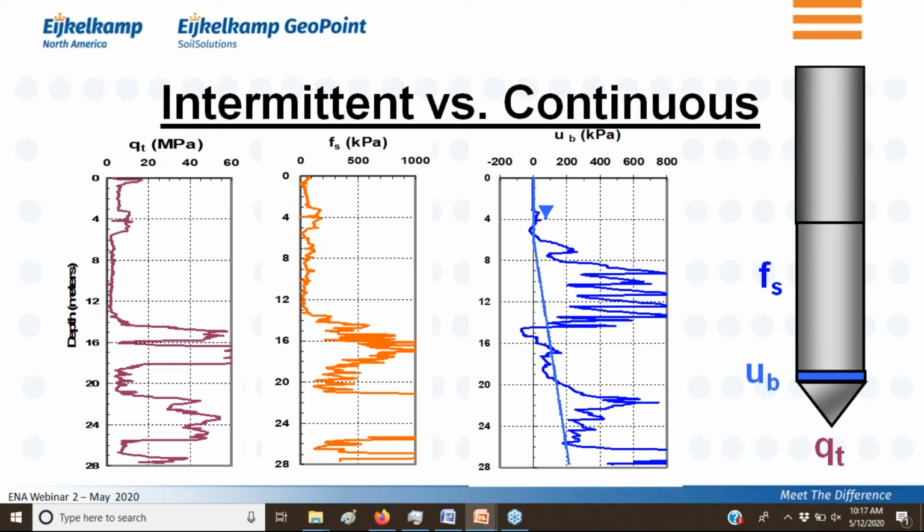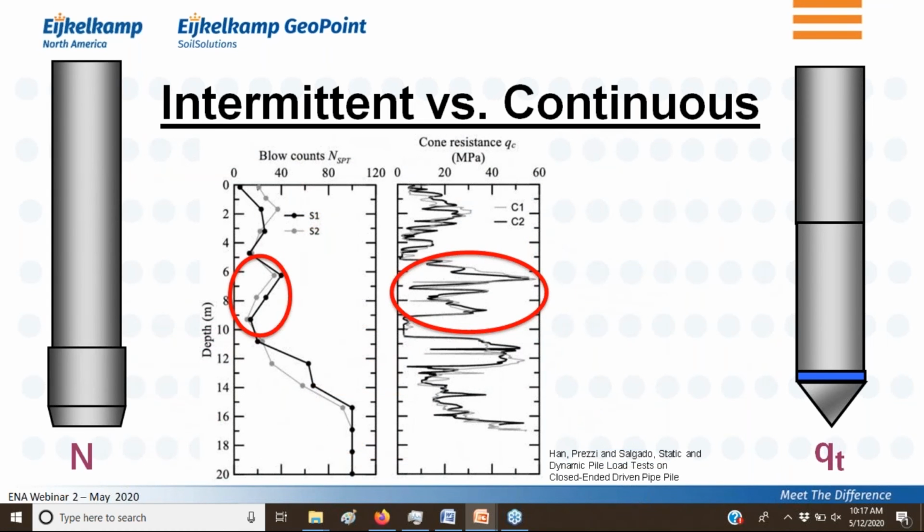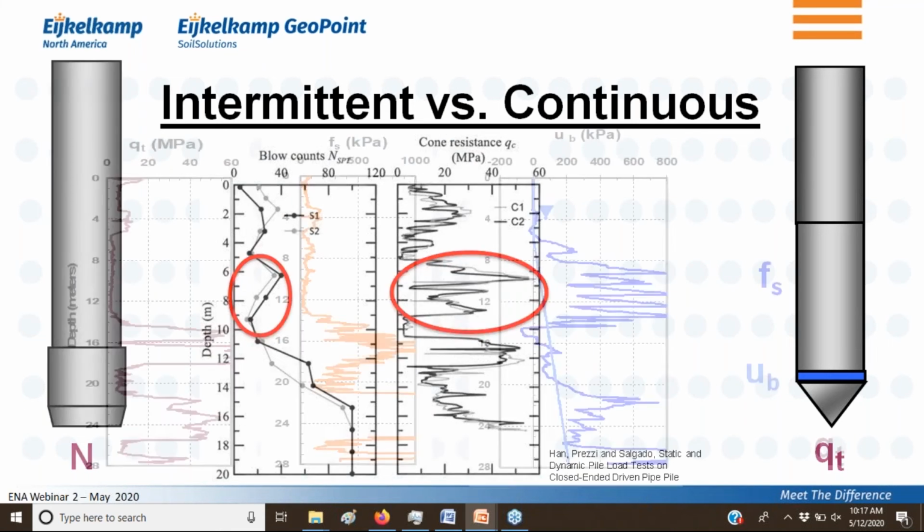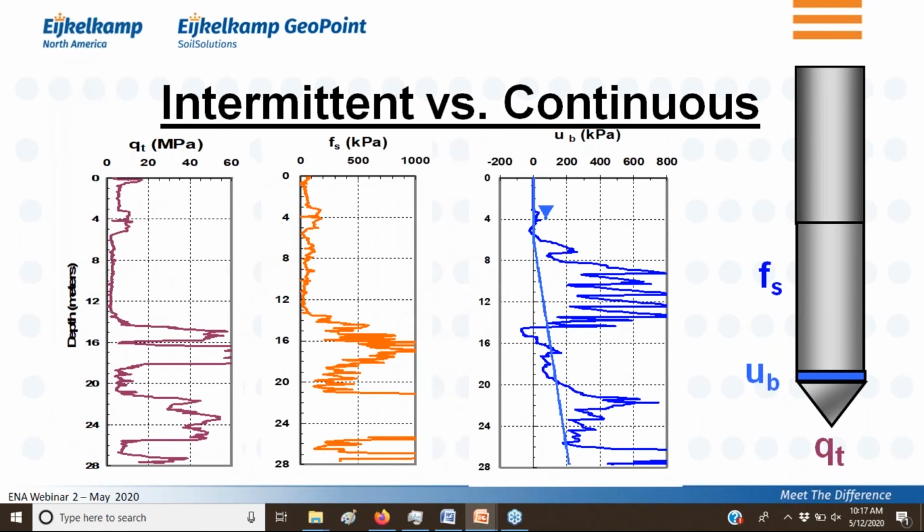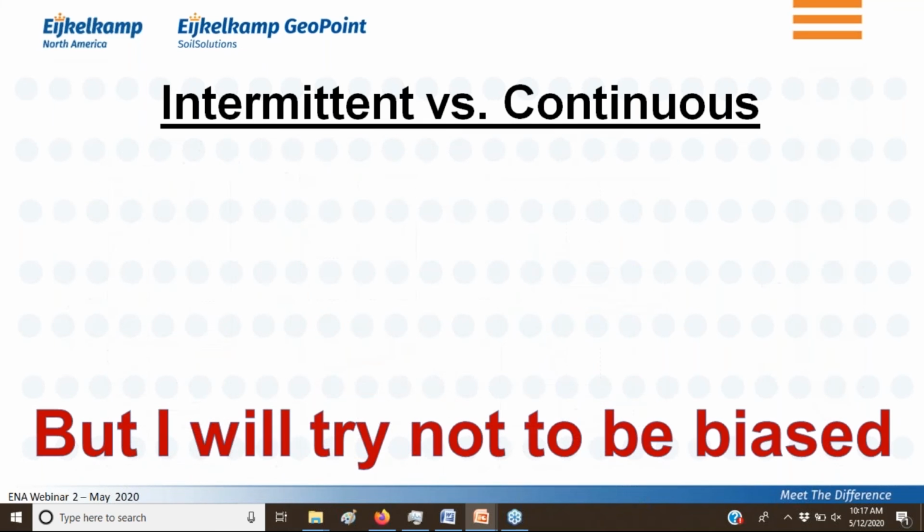It's obvious that you are no longer just looking at individual data points that you then connect, but you have a continuous profile, and that's why intermittent versus continuous. That's the second angle that I want to look at this whole thing.